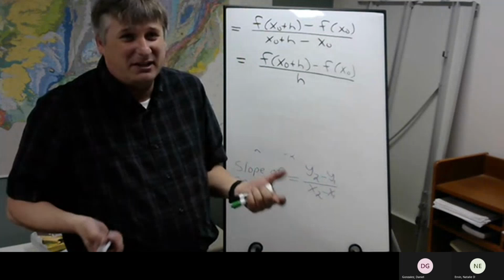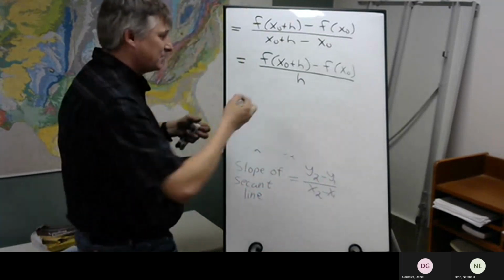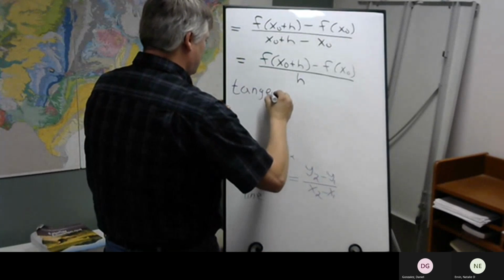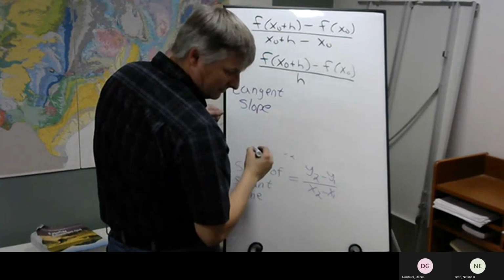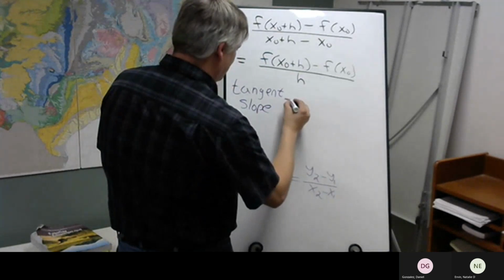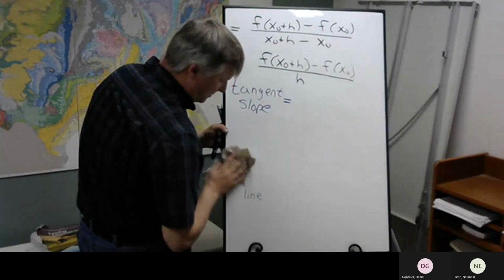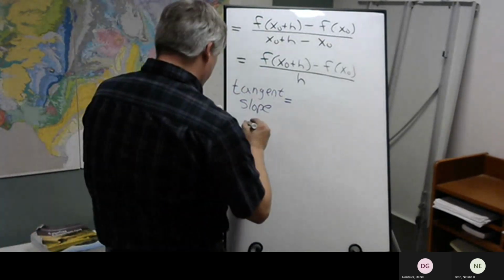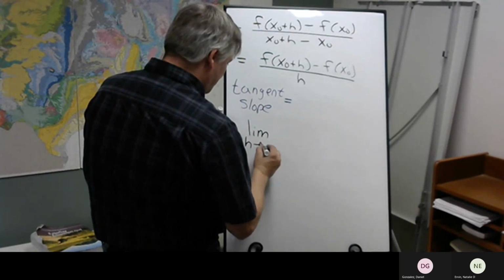We're going to basically let h practically be 0. And so for the tangent slope, need some more space here, but it's going to be the limit as h goes to 0.